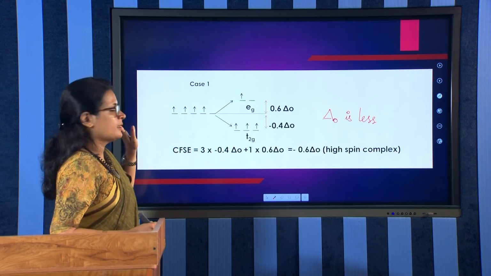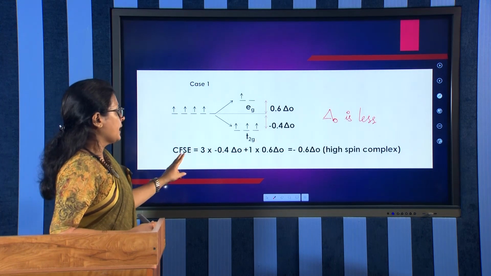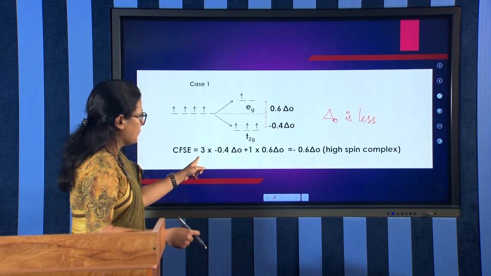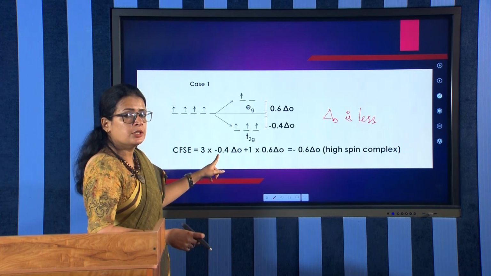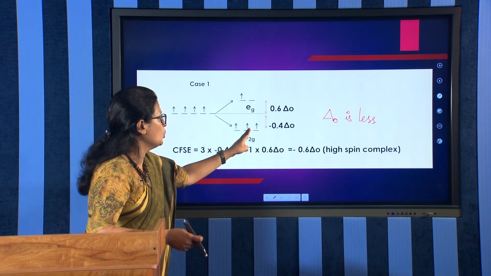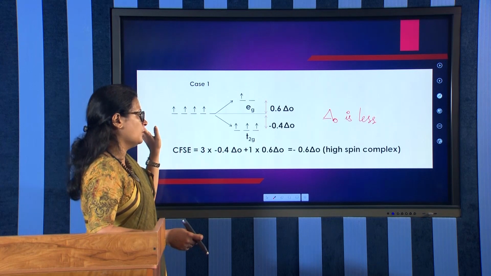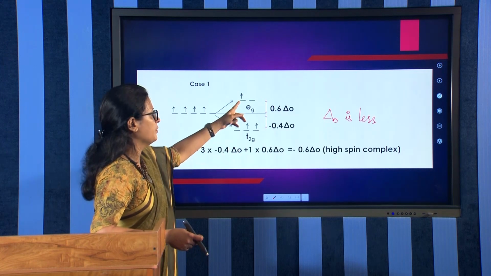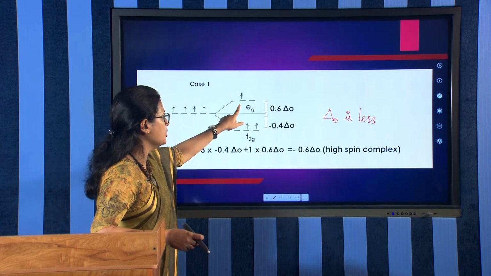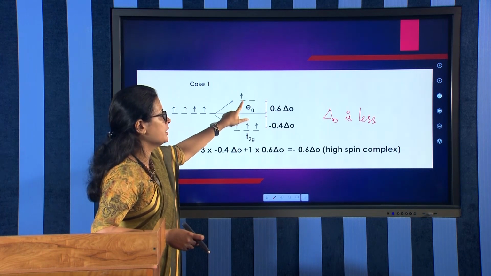In that case, crystal field stabilization energy can be calculated by multiplying how many electrons in the T2G set? 3. And what is the stabilization energy of this set? It is minus 0.4 delta O. So, 3 into minus 0.4 delta O, plus 1 electron is there in the EG set, plus 1 into what is the destabilization energy of the EG set?